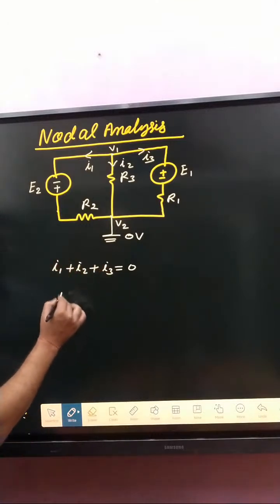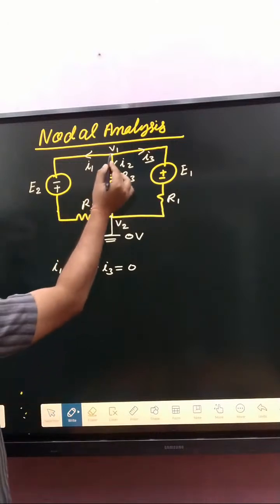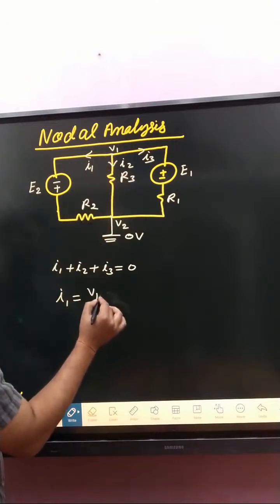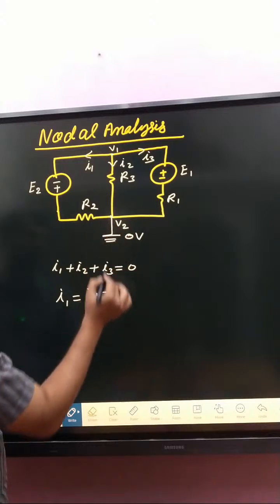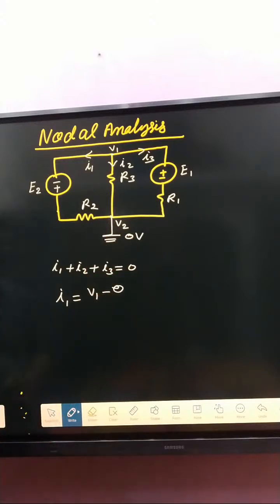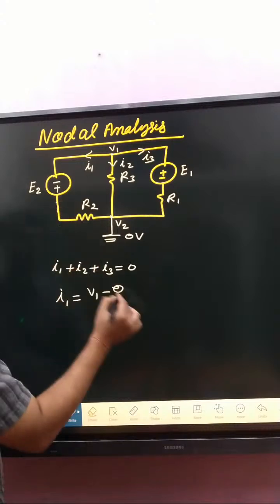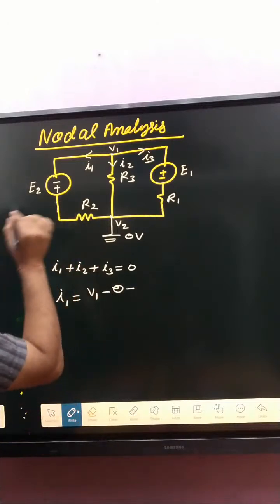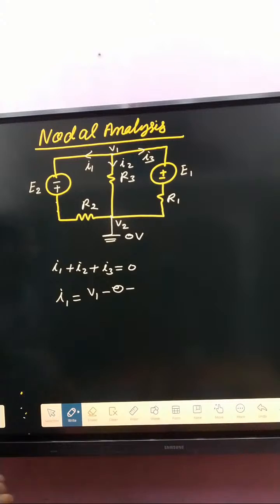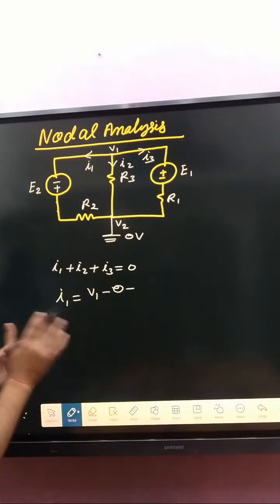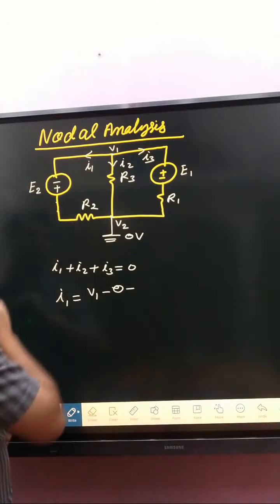So what about I1? I1 is V1 minus the other voltage, 0. Current leaves from the positive terminal. Is this positive or negative? A lot of students get confused: sir, do we take positive or negative?